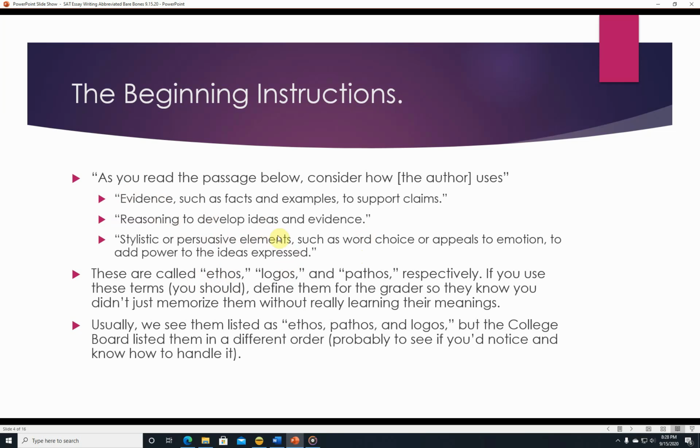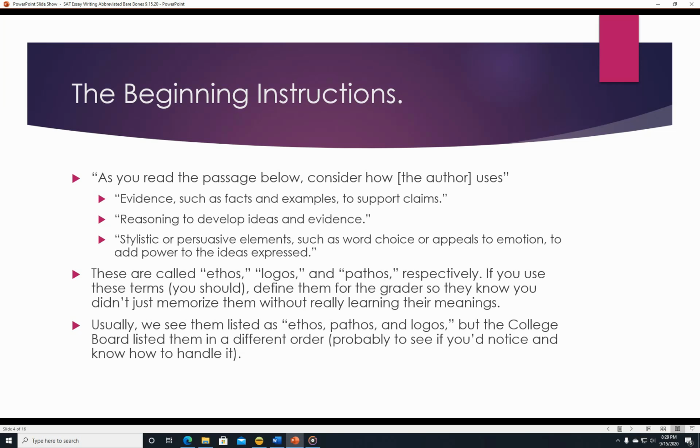Reasoning, think logic, logos. Pathos, stylistic or persuasive elements such as word choice or appeals to emotion. So you can think of an emotion. Have you ever heard anything or anyone called pathetic? It usually means it's weak and sad. So that's an emotion. You can think of appeals to your emotions: won't you please help me? I'm so helpless. That's an appeal to your emotions from someone or something that's trying to appear pathetic.